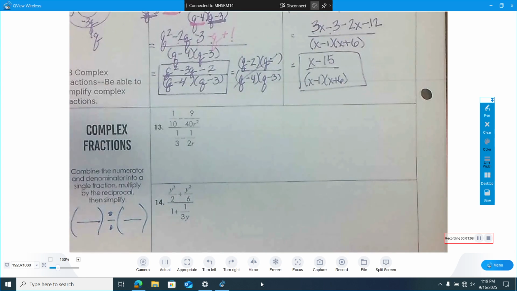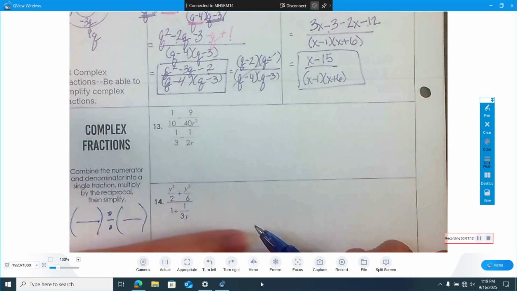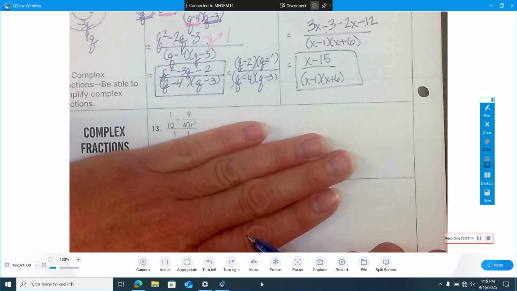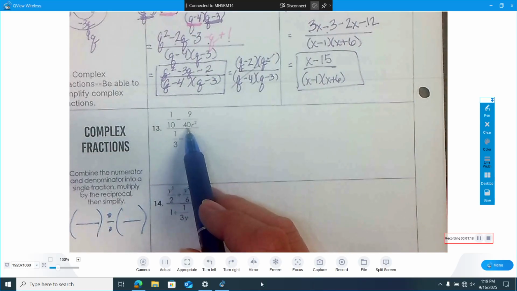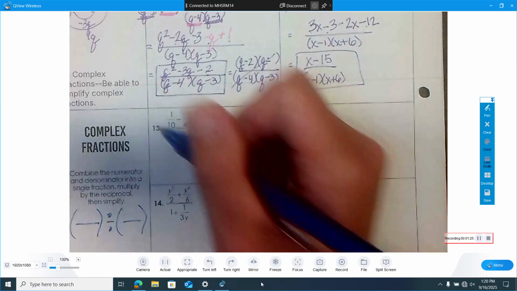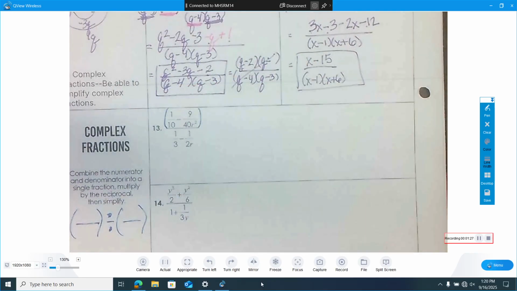Okay. So what we're going to do is look here at the top numerator: 1/10 minus 9 over 40r squared. I need what in order to add or subtract fractions? A common denominator. So I'm going to look just at this numerator and get that common denominator.